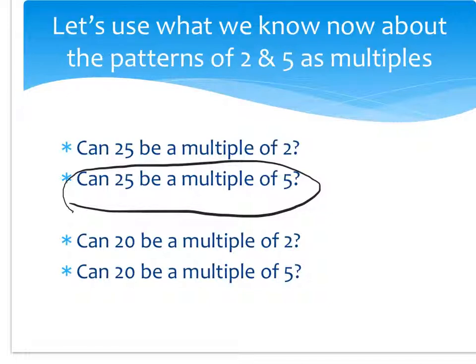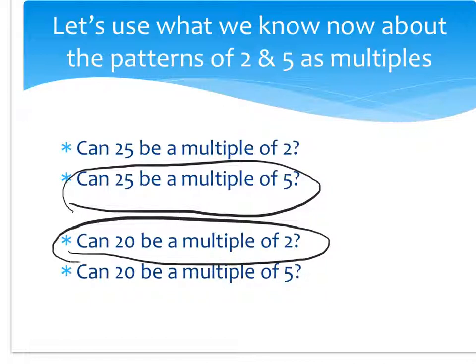Let's look at the next one. Can 20 be a multiple of 2? Well, let's look at it. Is 20 an even number? Yes. Does 20 end in 0, 2, 4, 6, or 8? Yes. So can 20 be a multiple of 2? The answer is yes. 20 can be a multiple of 2.